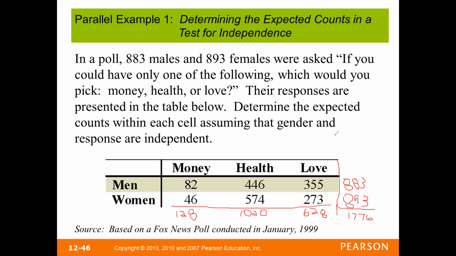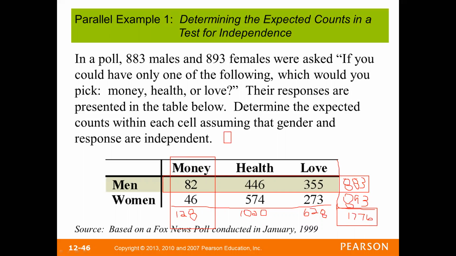So if I wanted to know the expected number of men who think money is most important, assuming that they are independent of each other, it would be the total from the money column times the total from the men row divided by the total number of people in the sample.